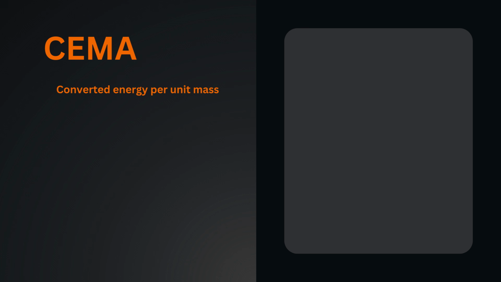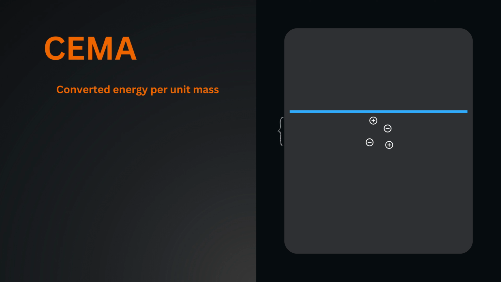CEMA. CEMA is the acronym for converted energy per unit mass. As we mentioned before in previous videos, when a directly ionizing radiation, like electron, alpha, and proton beam, falls on a matter, it loses its energy by interaction with the medium's atoms via electromagnetic force interactions and causes ionization and excitation to these atoms.